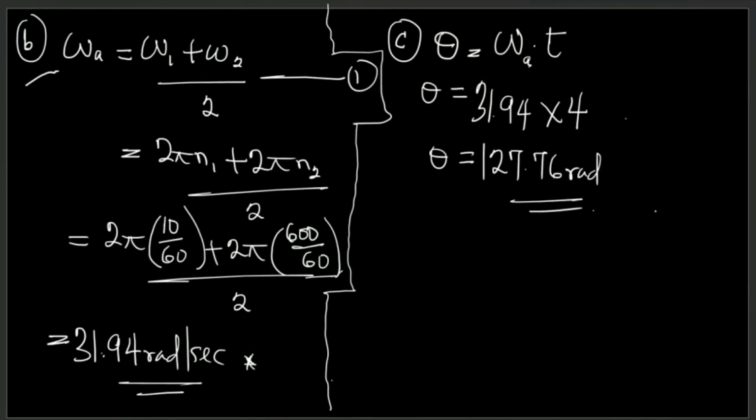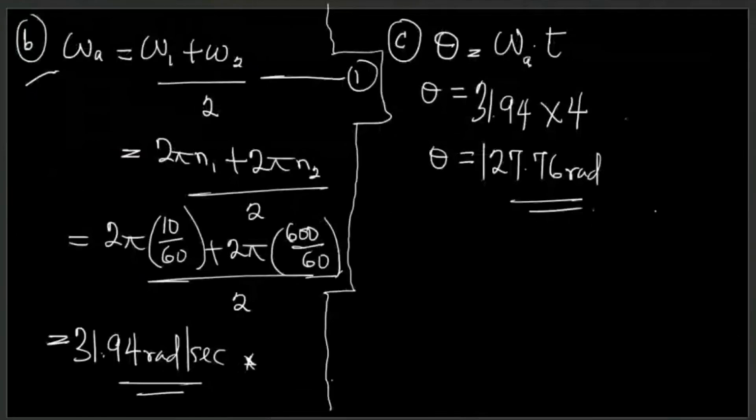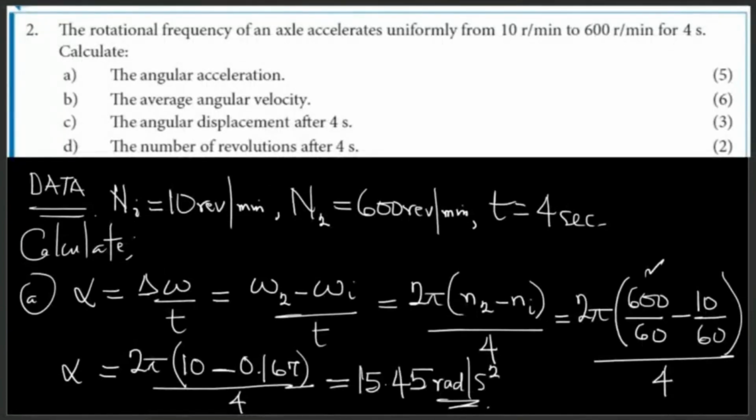Okay. Let's look at the D part. How do you determine the number of revolutions in 4 seconds? Any idea? You can find the average rotational frequency of the initial and the final, 10 and 600. Then you convert it to rev per second. That is for 1 second, and then for 4 seconds, you multiply it by 4.